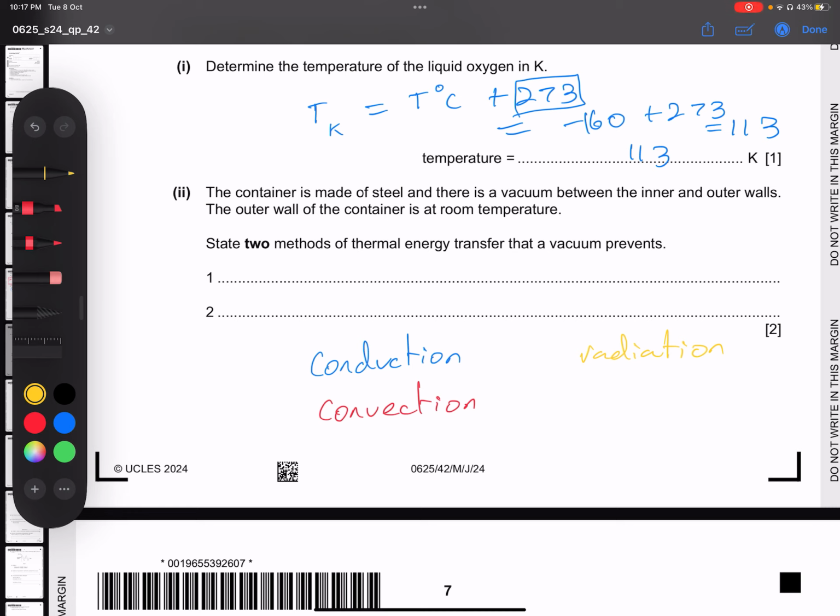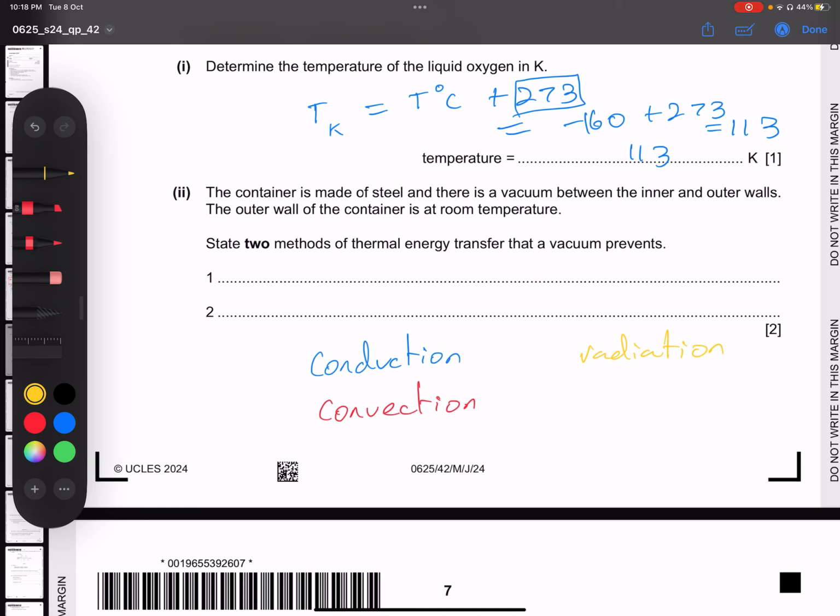So the two methods of thermal energy transfer that a vacuum prevents are just conduction and convection. Conduction requires contact between the inner and outer walls to transfer, whereas a vacuum prevents that, and convection requires a fluid to move, such that one side gets hot and moves up, the other side gets cold and moves down, until a temperature gradient is balanced.